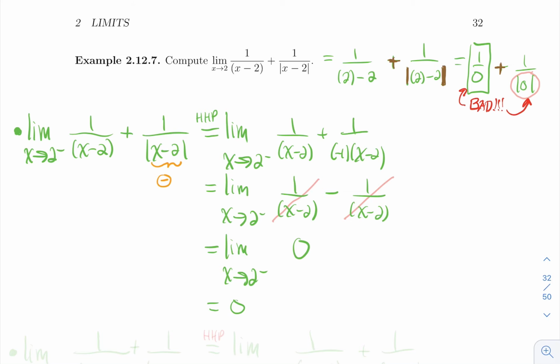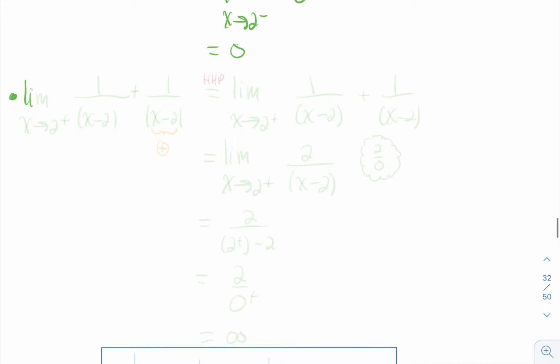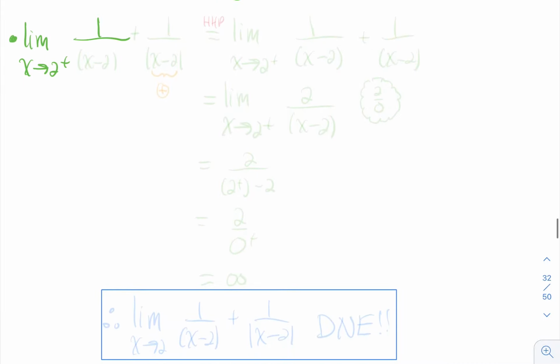Now let's define and compute the right limit. So the limit as x approaches 2 from the right of 1 over x minus 2 plus 1 over the absolute value of x minus 2. So now for that one, the inside here, if you pick a number slightly bigger, will be positive.